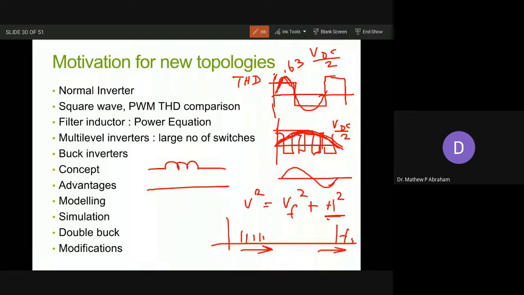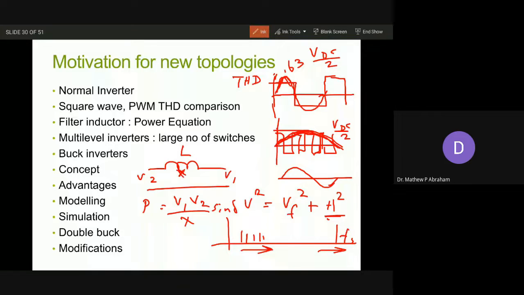We refer to our power transfer equation, V1, V2 by X, right? If we have more amount of harmonics, in order to eliminate those harmonics, we have to have more values of L, more values of X. So the power transferred is proportional to V1, V2 by X.